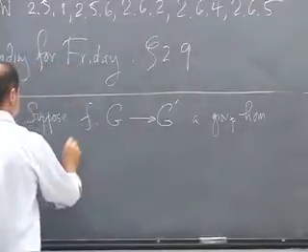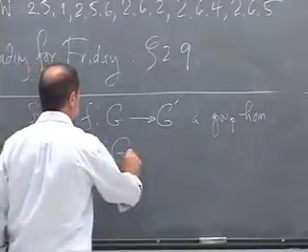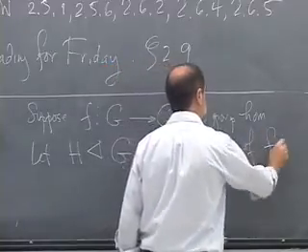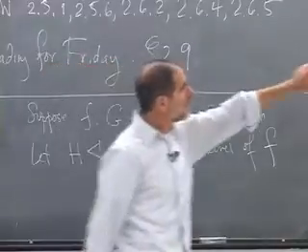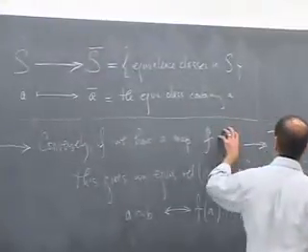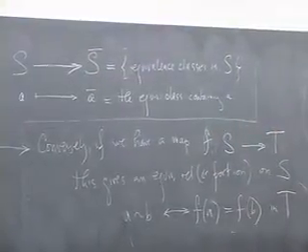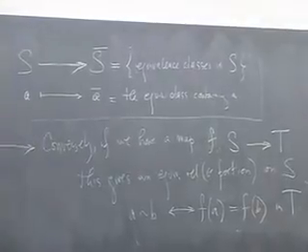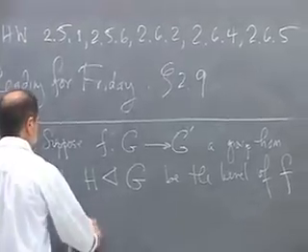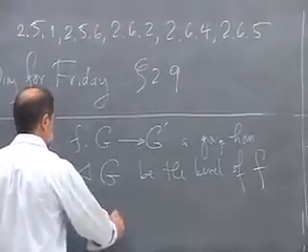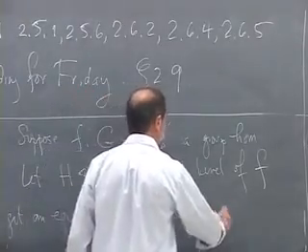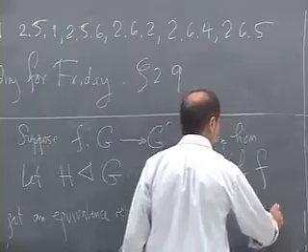Let H, which we know is a normal subgroup of G, be the kernel of f, and apply this converse construction to that map of sets, where S is G and T is G prime.